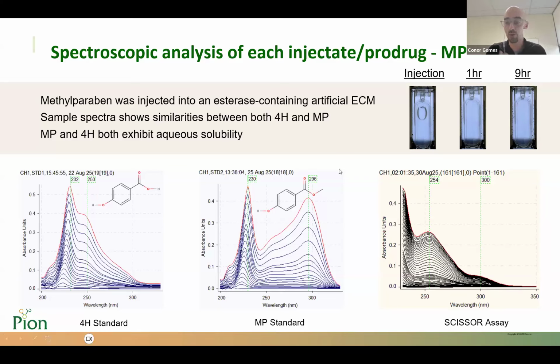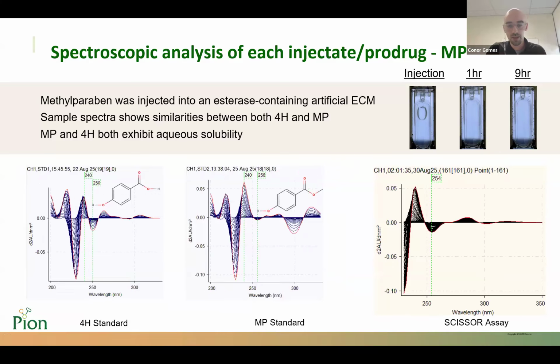So although both are going to be released, both are going to be coming out, the ratio between the two will strictly be dictated by the amount of action that the enzyme has on the methylparaben. And just to further prove the point, the negative second derivative peak that we need is in between 250 and 256, about right in between them, which is anecdotal evidence that we're probably getting a mixture of these molecules released.